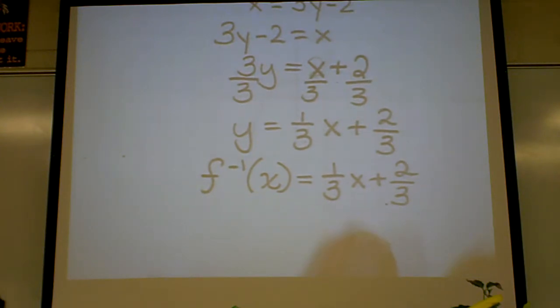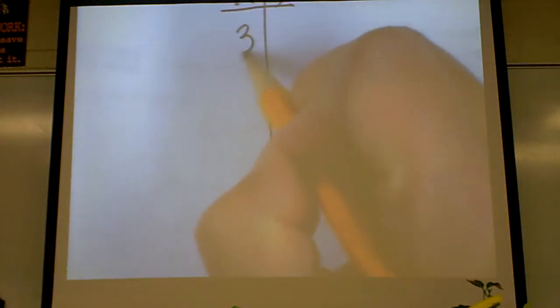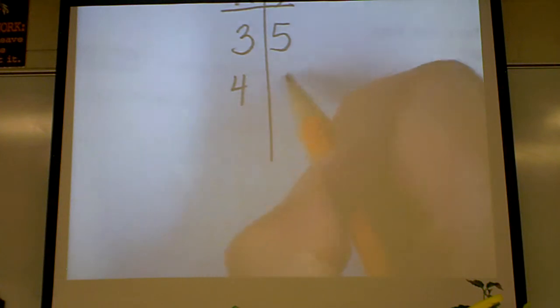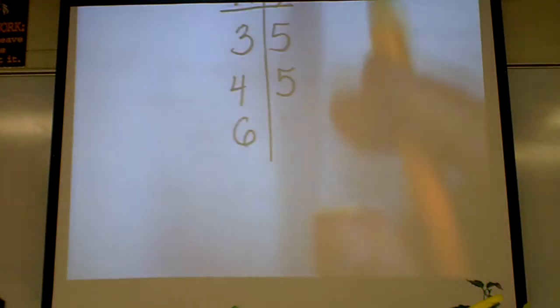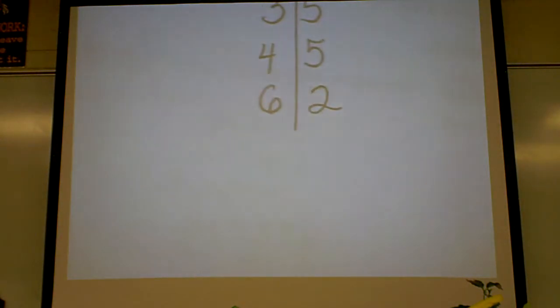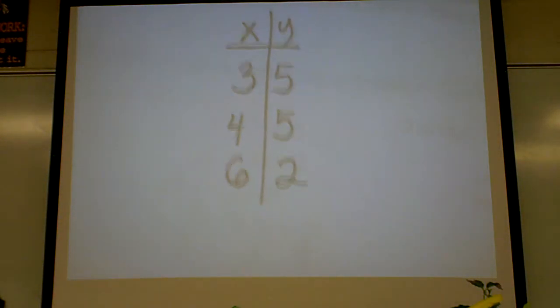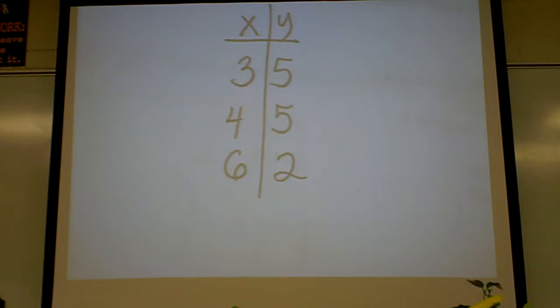Do you remember when we looked at T-charts? If I asked you, is this relation a function, what would you say?